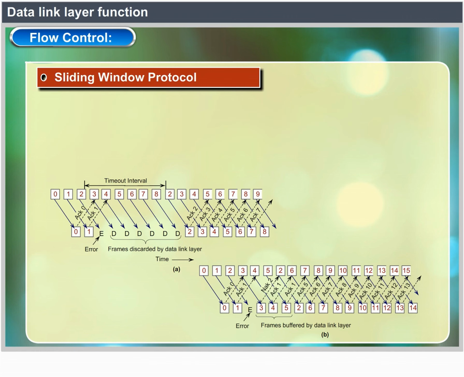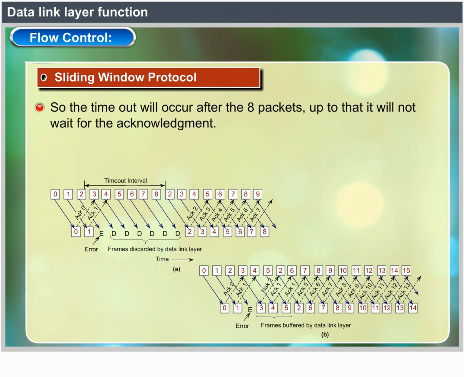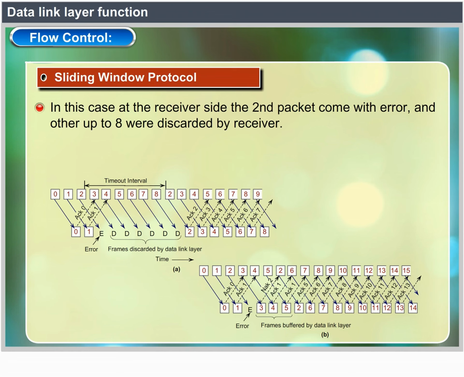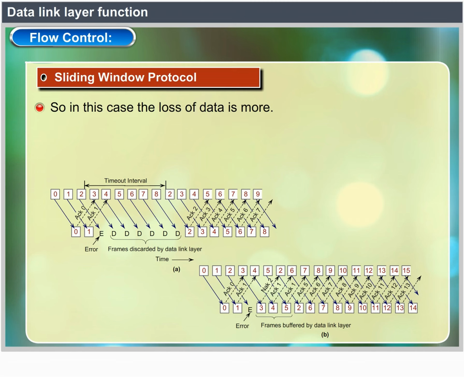So the timeout will occur after 8 packets. Up to that, it will not wait for the acknowledgement. In this case, at the receiver side, the second packet comes with an error, and the others up to 8 are discarded by the receiver. So in this case, the loss of data is more.